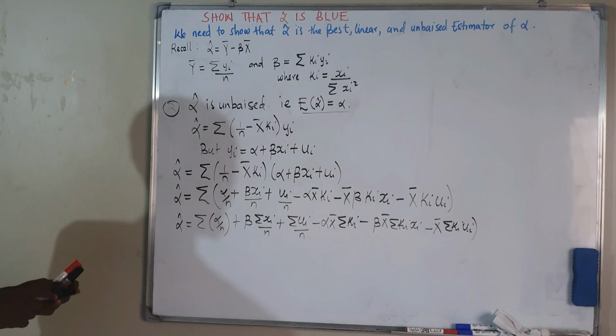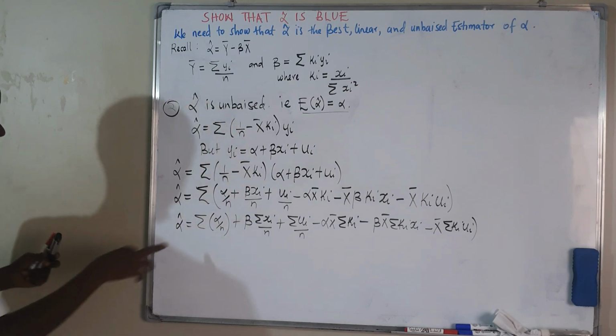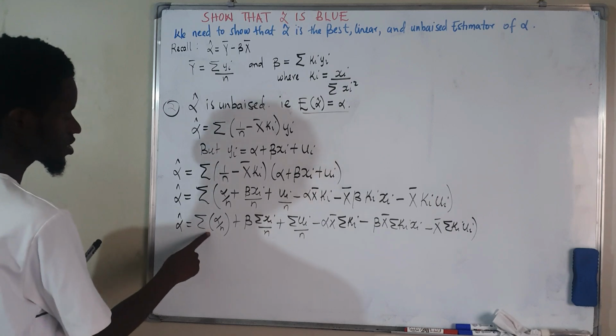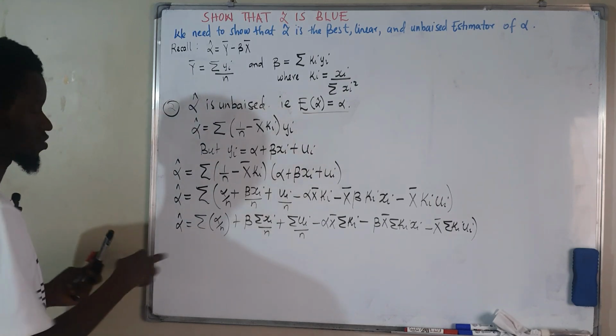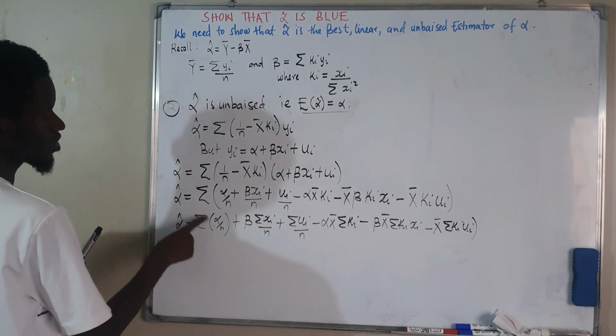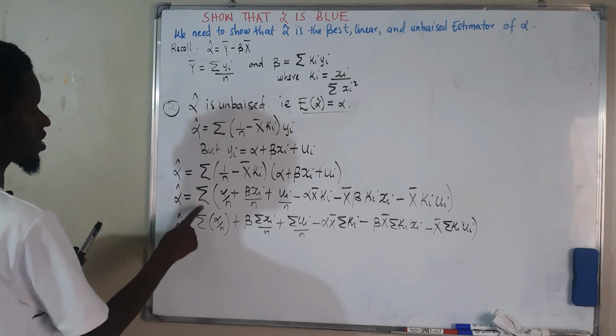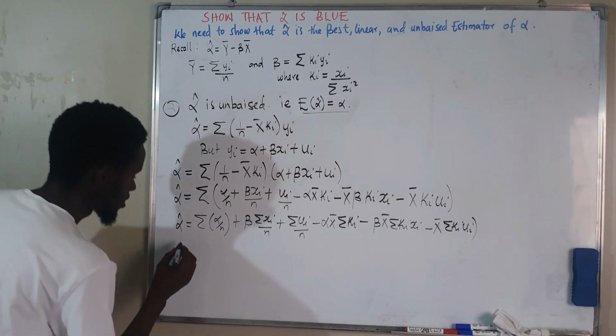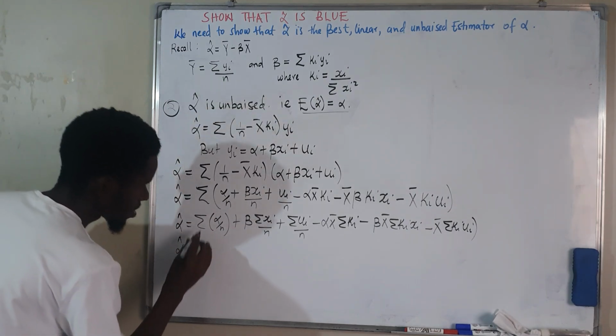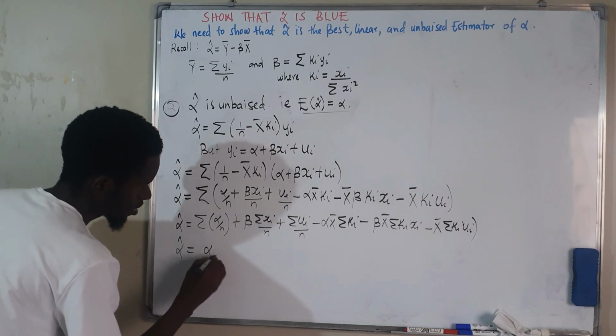I think now it's making sense. Now from this step I was saying that if I'm summating from i up to n for a constant, I just multiply n times this constant. Therefore here, the summation of alpha over n is going to be the same as having alpha.